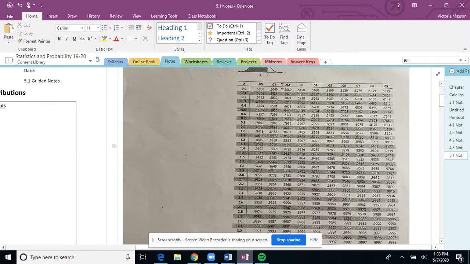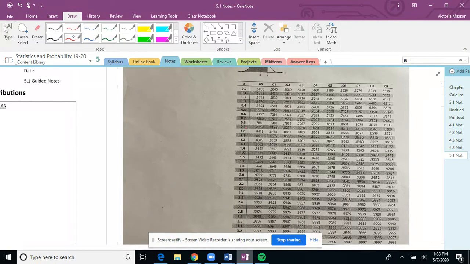At the top, you'll notice 1.10, 1.11, 1.12, 1.13, and so on. We want 1.1 and 0.05. When we go over and down, we get 0.8749. That is our answer for the cumulative area under the curve.